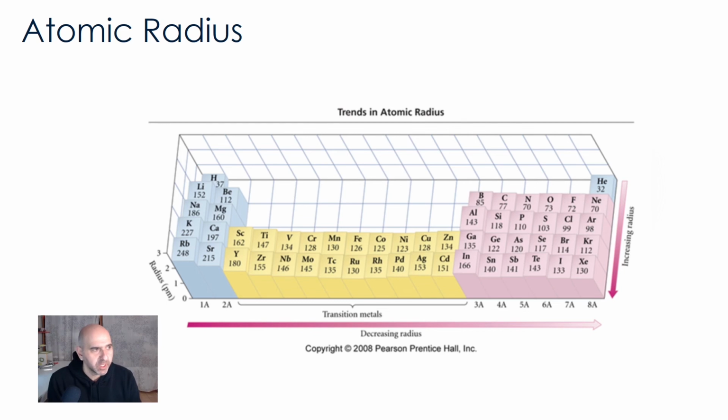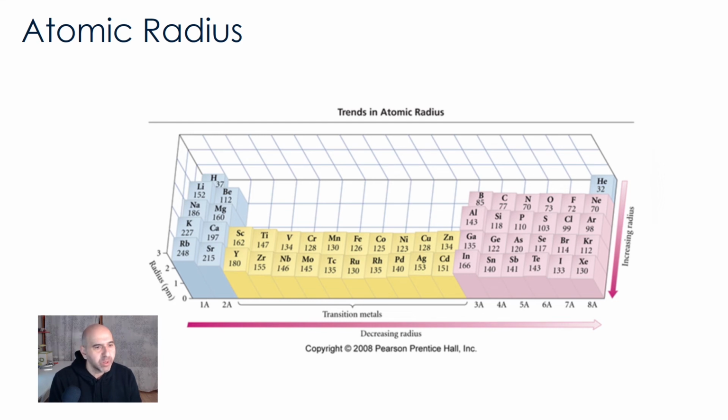So when we were trying to understand what's happening across the periodic table, what we see is that the effective nuclear charge increases as we add protons, even though we're adding more electrons too. But because we're adding electrons to the same valence orbitals, the effective nuclear charge increases and the atomic radius decreases.